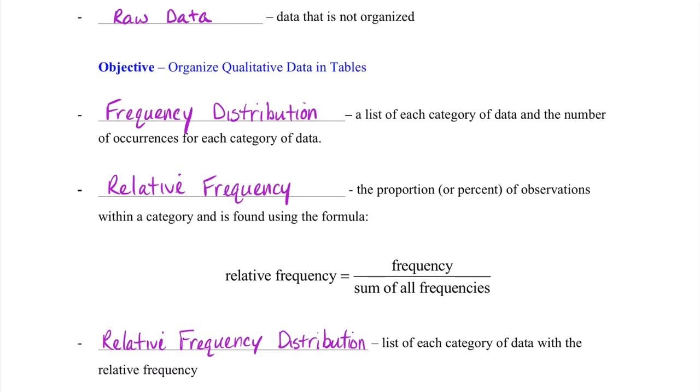Now to do a quick comparison before we move on, since this tends to be a bit confusing, the difference between a frequency distribution and a relative frequency distribution is simply which values are listed. A frequency distribution lists the number of occurrences. The relative frequency distribution lists the percentages or proportions for each category.